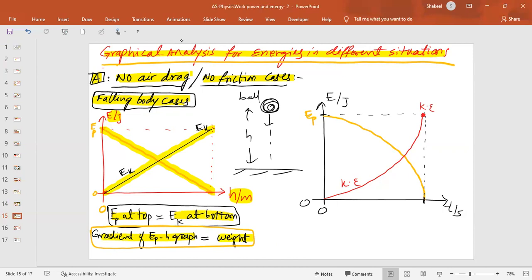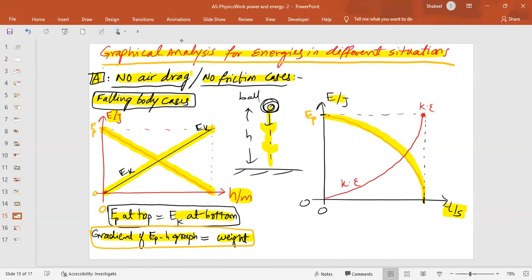Okay, when you make it against time, like energy against time, you know that when you drop an object, its speed keeps on increasing with time. So there is greater change in potential energy as time is passing, because near the ground, the speed will be higher, so it would be covering more distance.